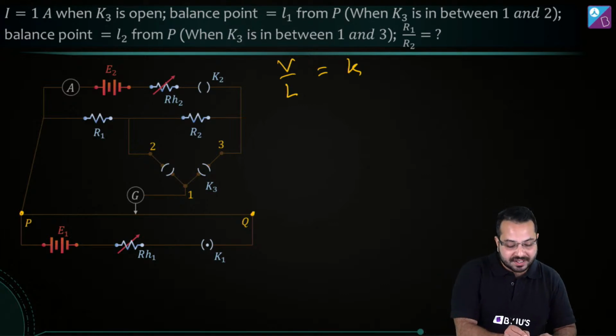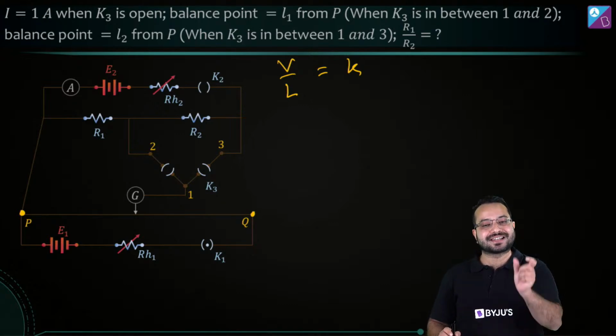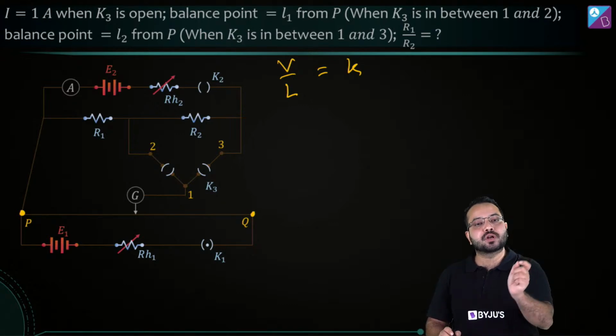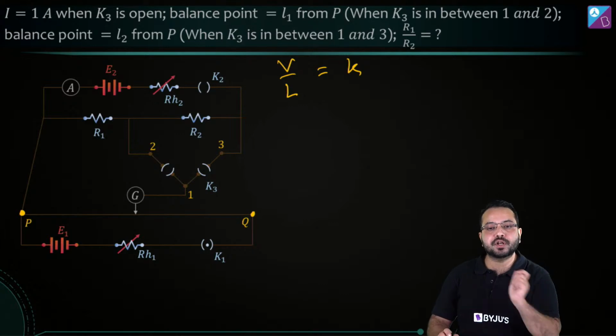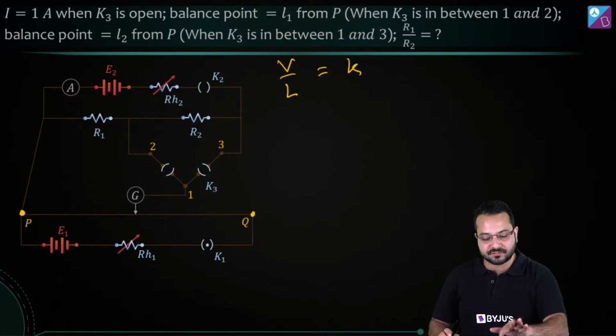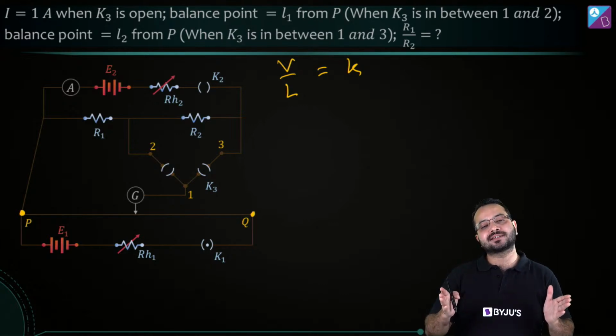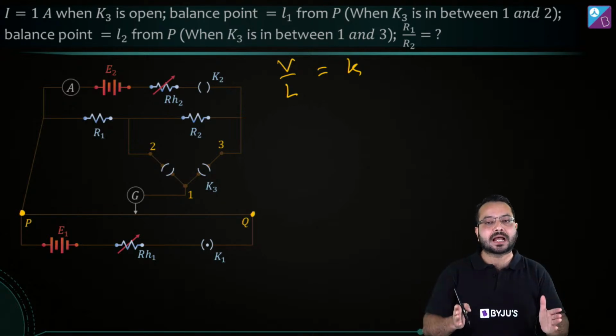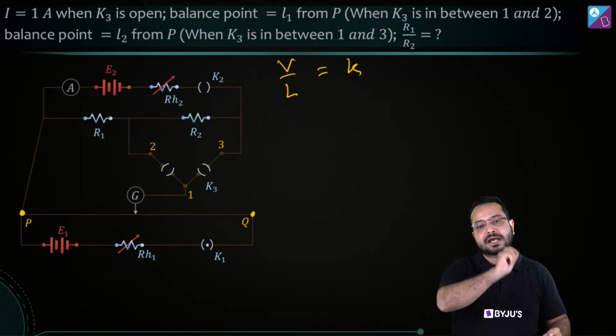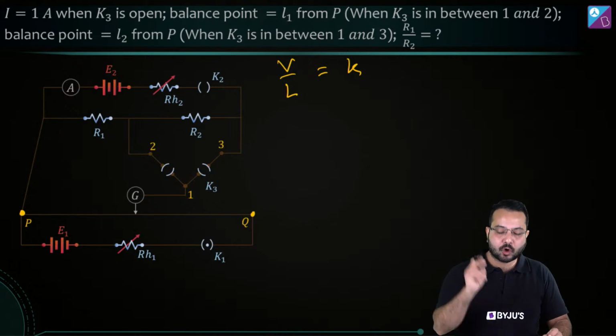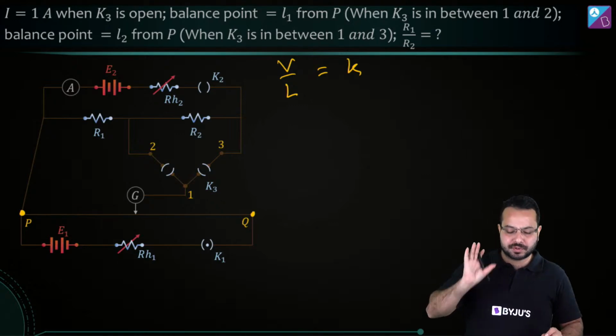So if we go from P to Q, the length we have traversed is L, and hence the potential drop is V. Per unit length, the potential drop is V by L, and that is a constant for a potentiometer. When we calibrate the potentiometer, we find that potential gradient, which I'm calling K. It might be some number K.